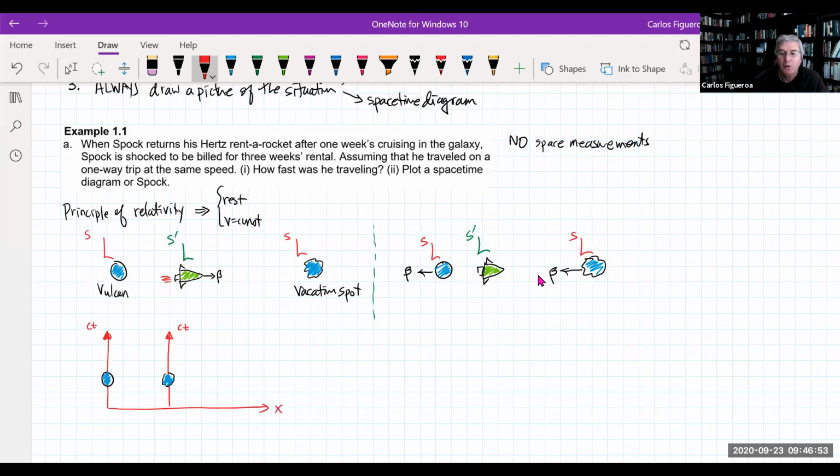They're moving only through time. I've got to be really careful here with my notation because I don't want to mislead you. So when I look at the Earth and the vacation spot, they're moving along this direction, but I'm going to say that their speed through space is zero, right? They're just moving through time. That's it.